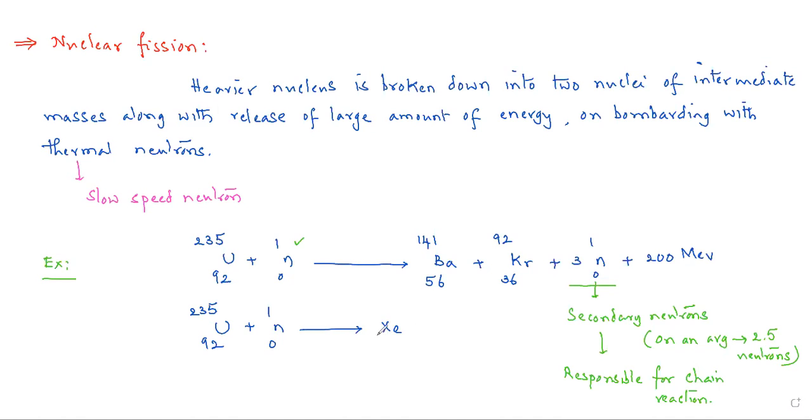You may get xenon and strontium, plus, say, energy. Now, when the same thing splits up to give rubidium and cesium, we get 4 neutrons.